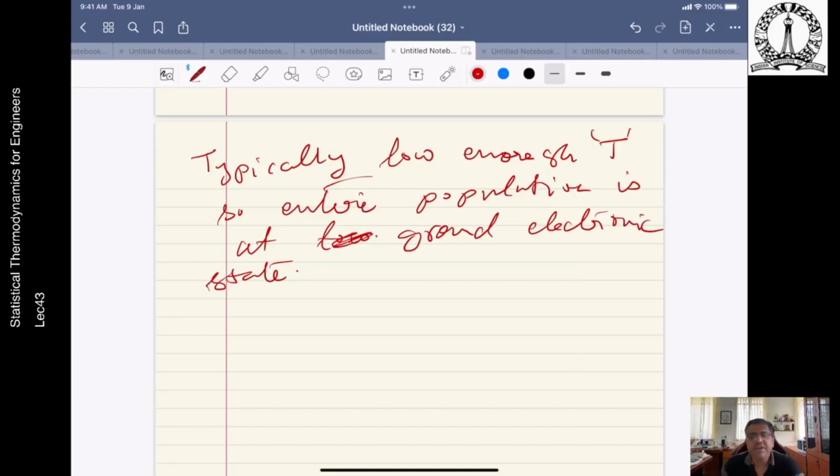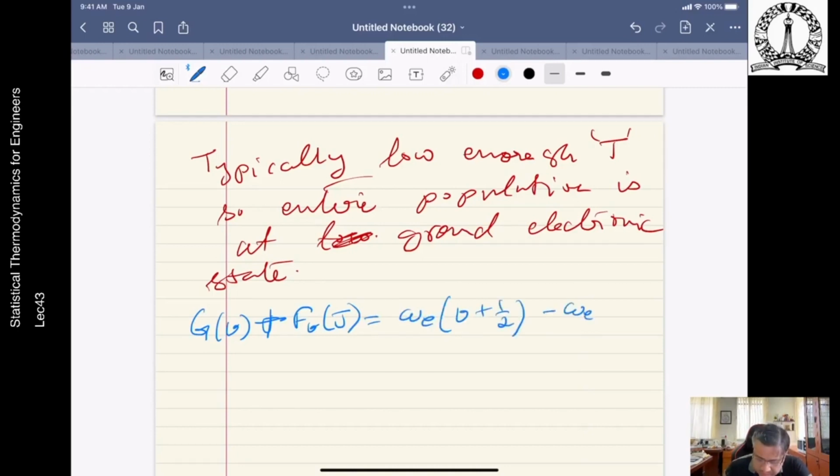The translation and electronic contributions follow those for the simplex model. Evaluation of the rho vibrational contribution is more complicated, and this is what we can write. Therefore, GV plus FVJ equals omega E times V plus half, minus omega XC E times V plus half squared, plus BV J into J plus 1, minus D J squared J plus 1 whole squared.